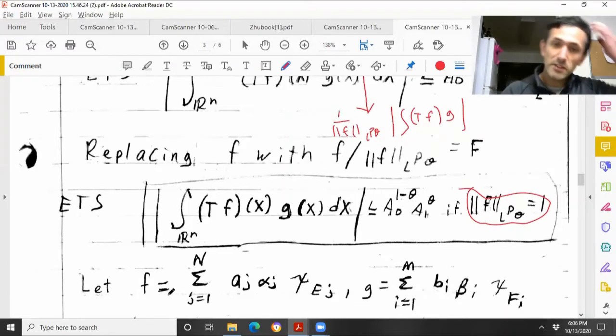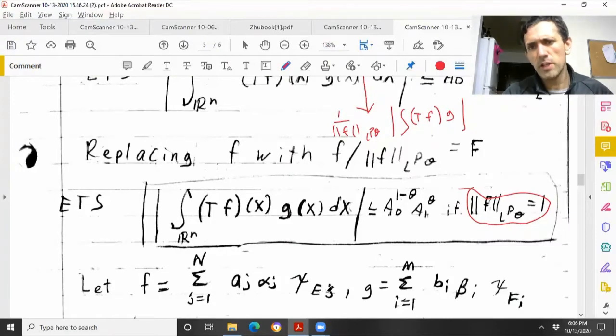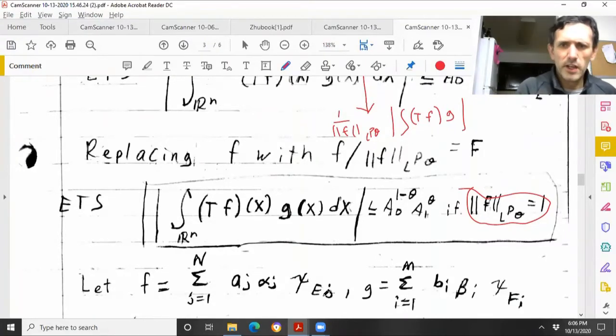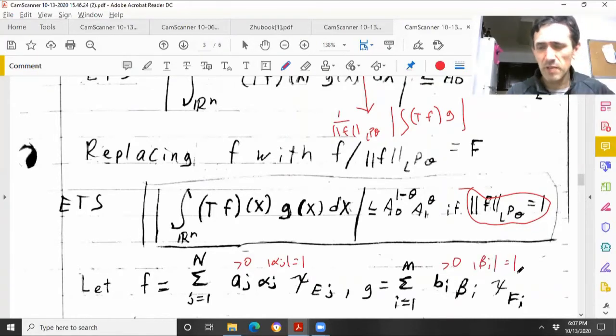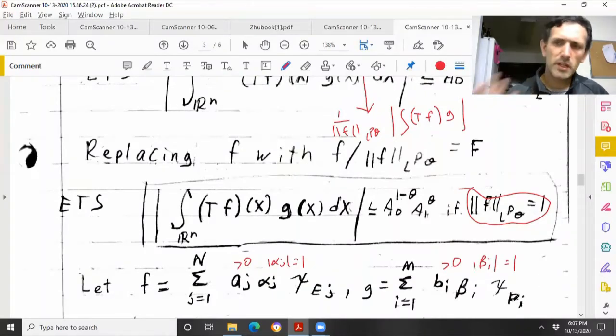So let's assume little f is such a simple function, f = sum of a_j e^{iα_j} times the characteristic function of E_j, where the Lebesgue measure of all the E_j is finite, and here a_j is positive, and this is some complex number with modulus 1, so basically polar form of whatever coefficients are in front of these characteristic functions. Same thing here for g: this is positive, and this is equal to 1 in modulus, and the Lebesgue measure of each F_k is finite.